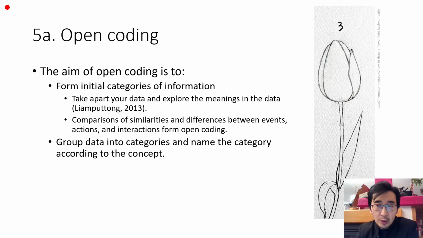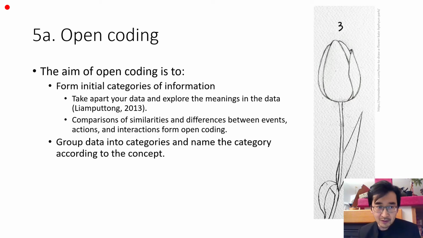Basically, you're taking apart the data to explore all the possible meanings between the different bits of information, to try and identify new relationships between these events or interactions. And it's a new way of linking and portraying these relationships, right? You then group these data into categories and name the category according to the concept.